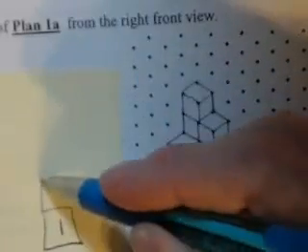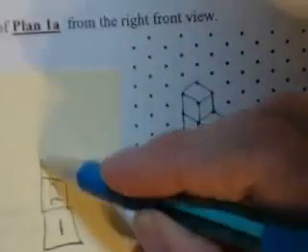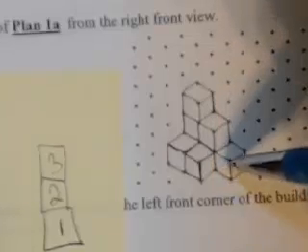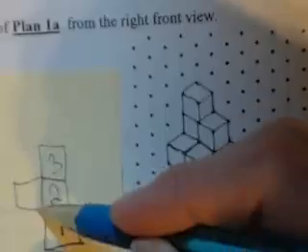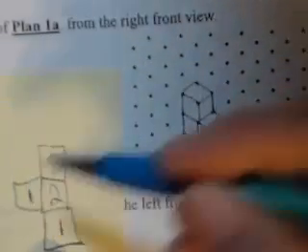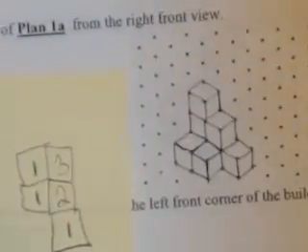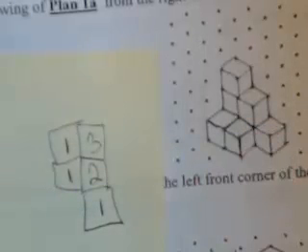Behind that we would have a two-story, and behind that we would have a three-story. Now there's nothing beside this one, but beside the two-story is a one-story, and beside the three-story is a one-story. So this would be your base plan for this 3D building.